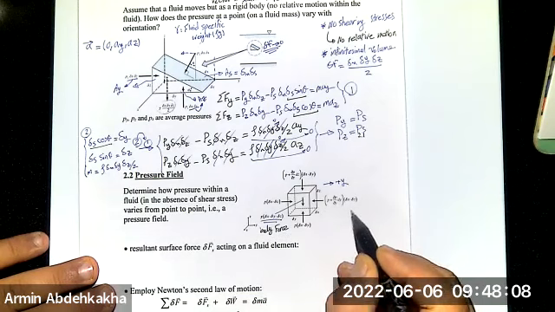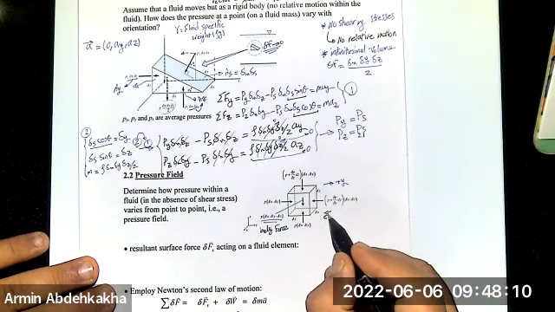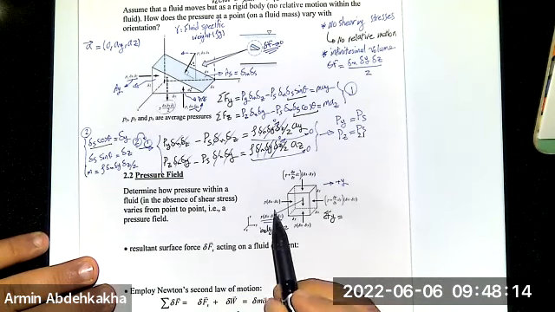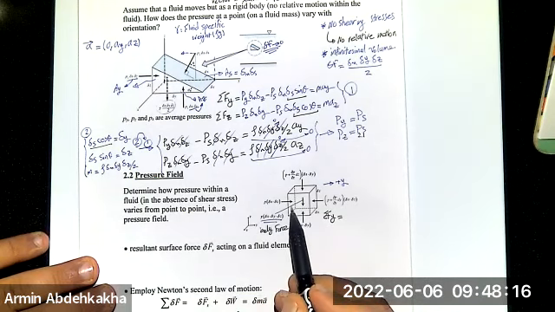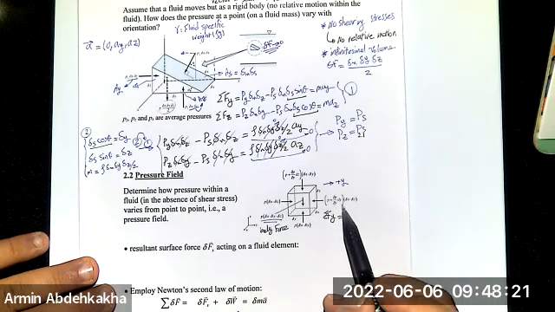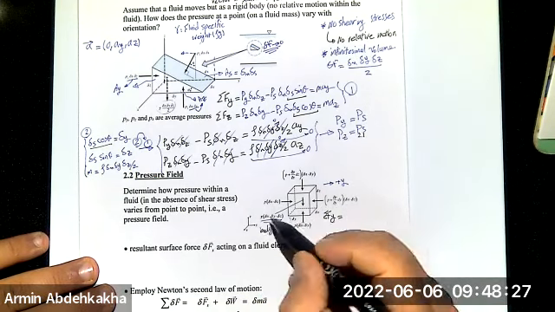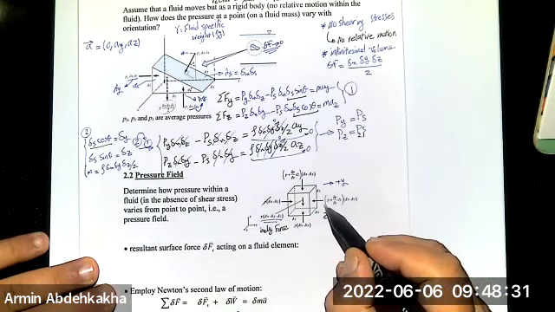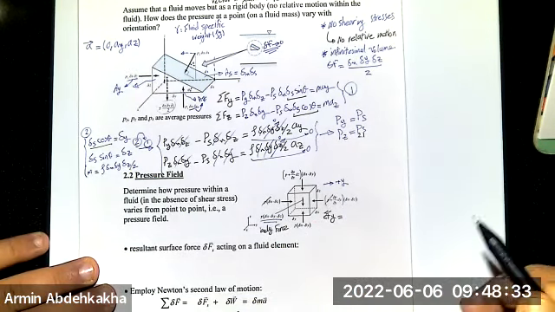So in the y direction, what do we have? We have one pressure here, pressure times area is force, and force in the y direction. Can I say that the P times delta x delta z can be canceled out with this P times delta x delta z, right?